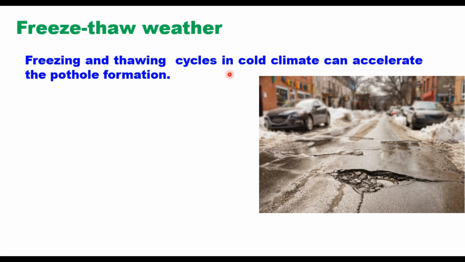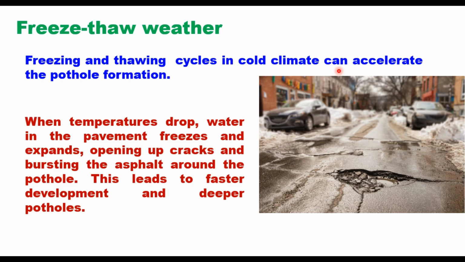Freezing and thawing cycles in cold climates can accelerate pothole formation. When the temperature drops, water in the pavement freezes and expands, opening up cracks and bursting the asphalt around the pothole. This leads to faster development and deeper potholes.